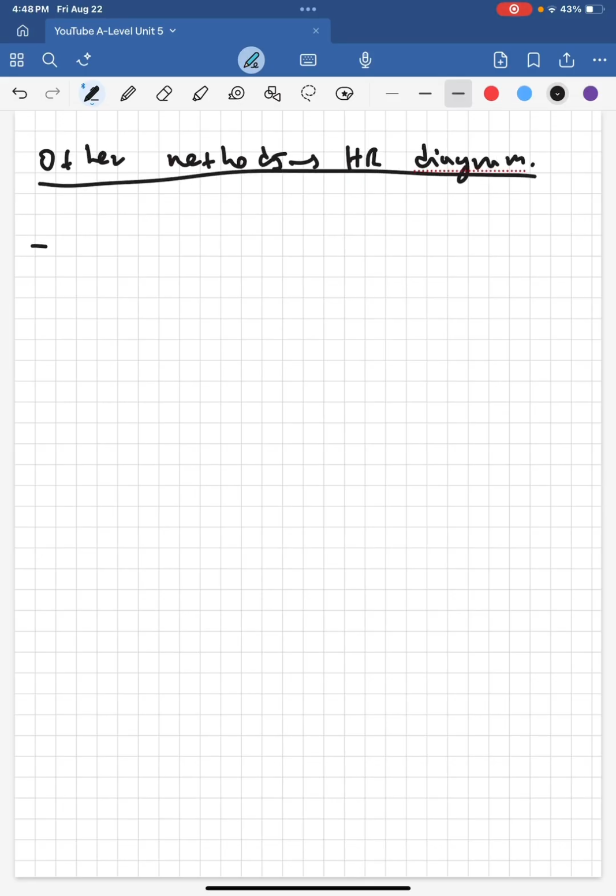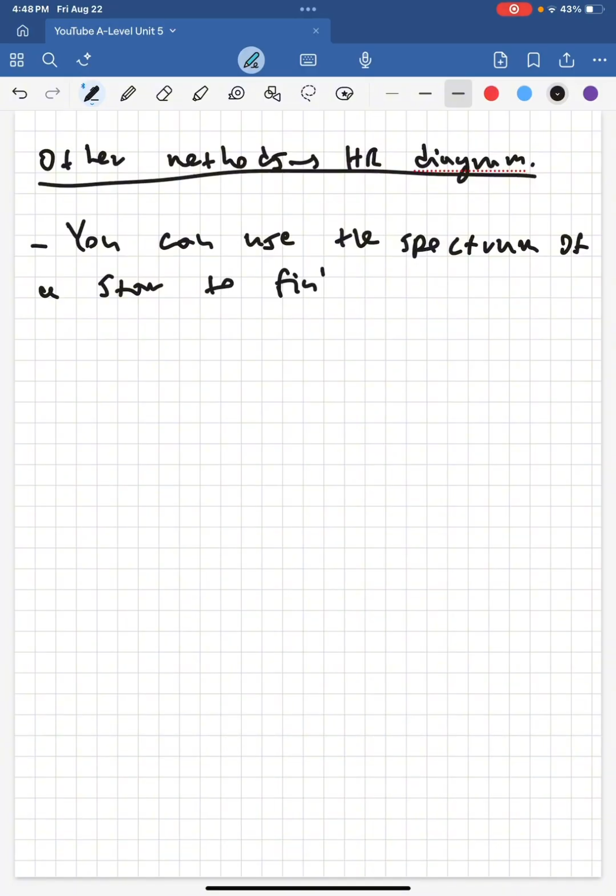So you can use the spectrum of a star to find the peak wavelength.